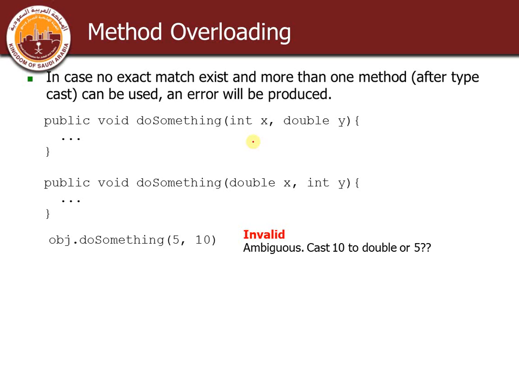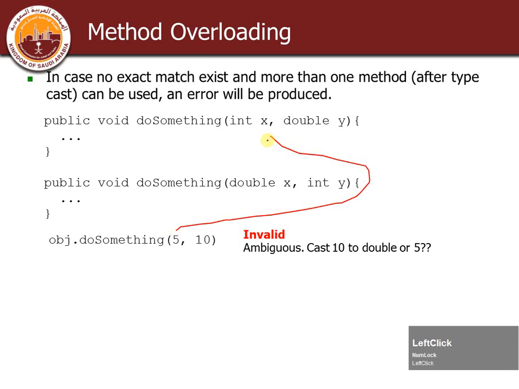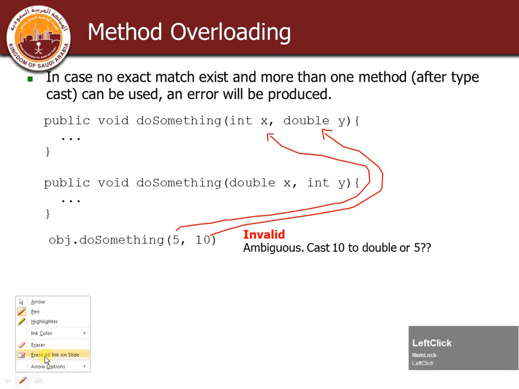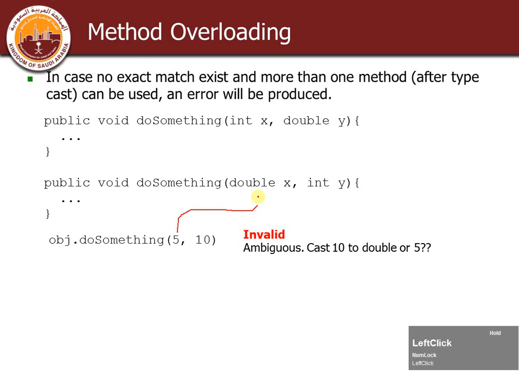Yes. Why is it invalid? Okay, if you look here, I can potentially put this 5 in here, right? And this 10 in a double, which is okay, because a small value in a big cup, that's fine. But the problem is, I can also put this 5 into this double, still small value in a big cup, and this one over here.